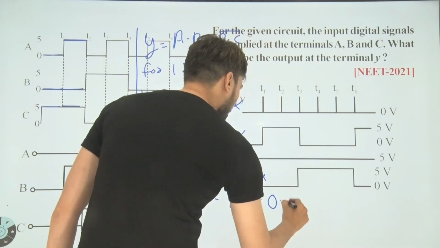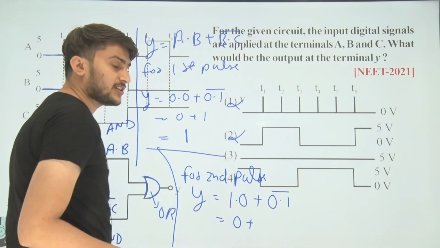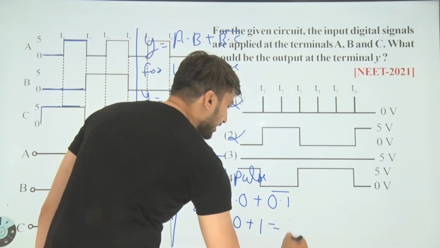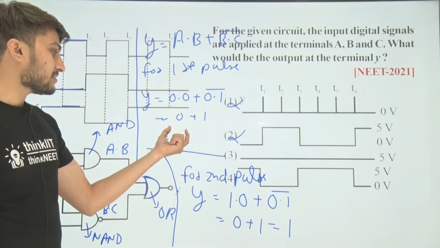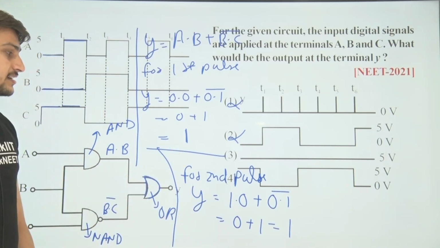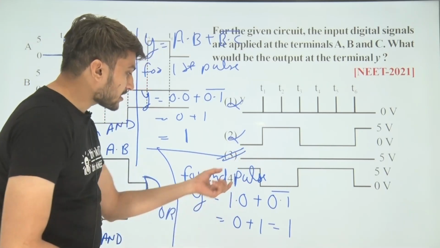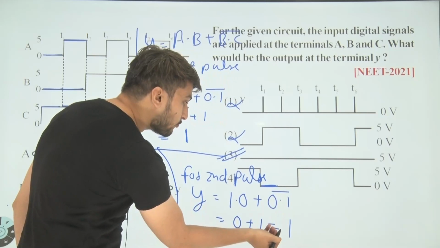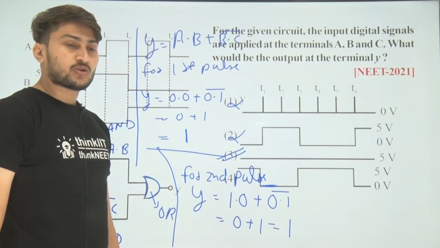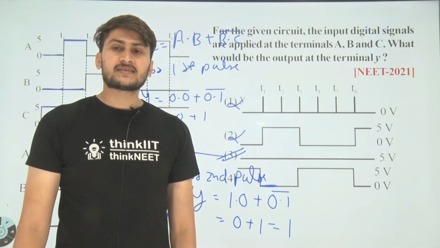So this is 0 plus 0, so this is again 0. Wait, the output comes 1. So for the second pulse it is 1, and the first pulse is 1. So we can clearly see that option number 3 is correct, because for option number 4 the output for the second pulse would be 0 but it comes 1. So the correct answer is option number 3.